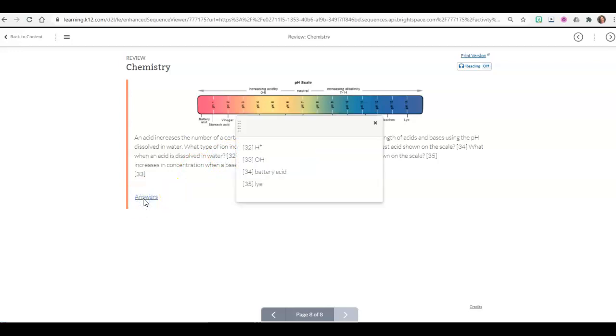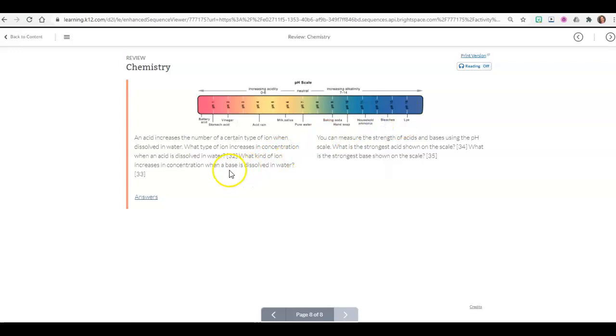If we look at that, you've got the H+ increasing in the acidity, and then the OH- is decreasing. It's something that's more basic. What kind of ion increases in concentration when a base is dissolved in water? You have that hydroxide, oxygen, hydrogen, that OH-.